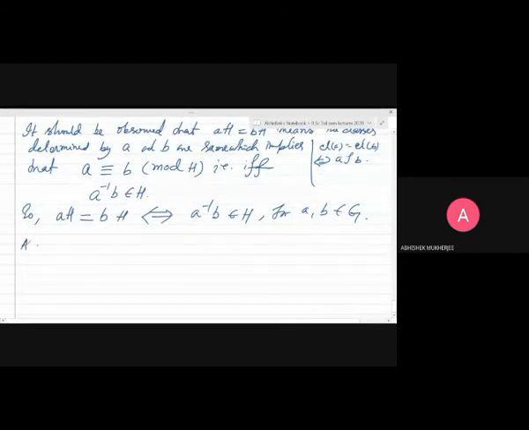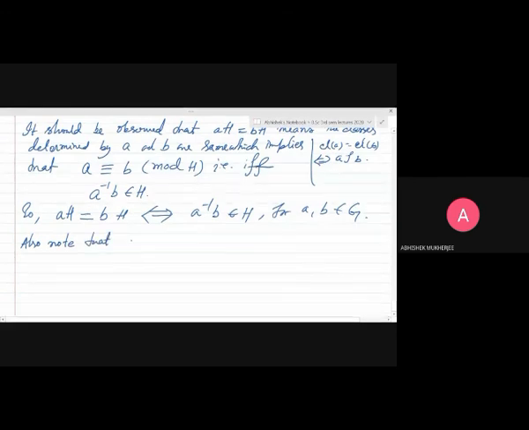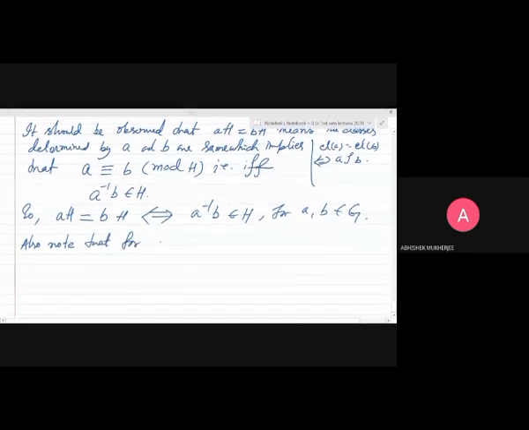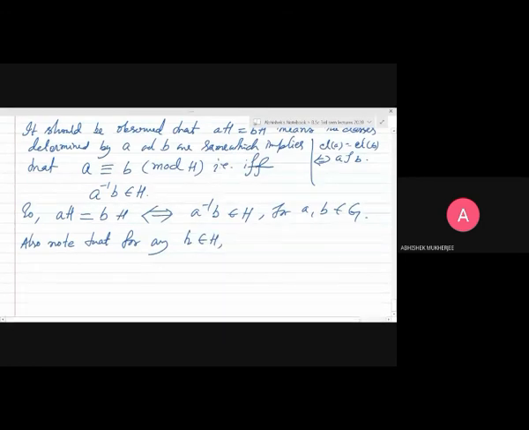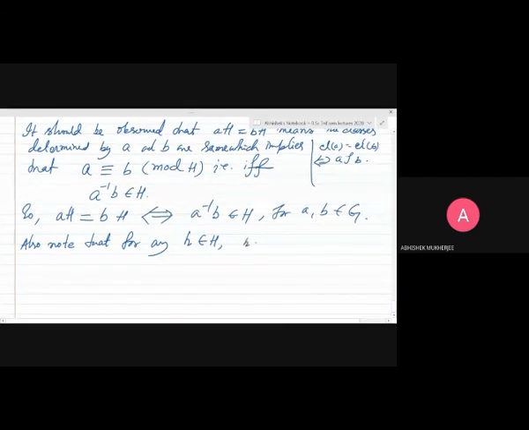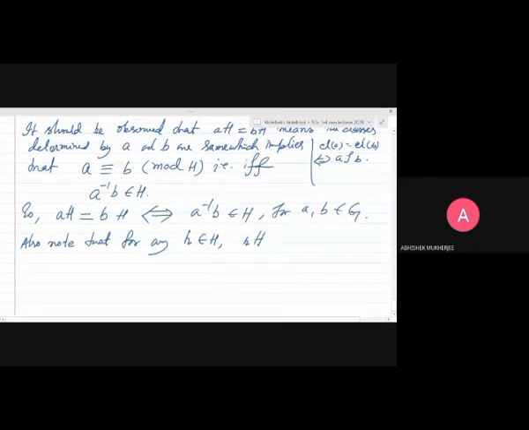Also note that for any small h belonging to capital H, suppose you are considering the elements from the subgroup itself, then the left coset of H in G determined by small h, what is that?